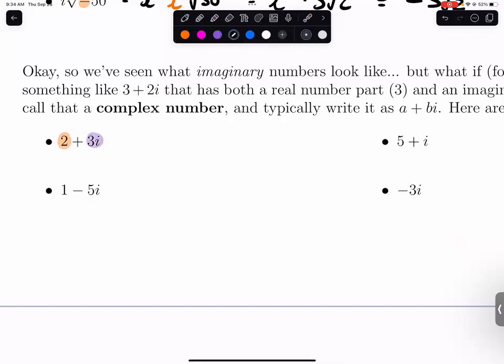That 3i is, again, 3 copies of this imaginary unit. But there's a real part and there's an imaginary part. And the standard thing is to just write it as a plus bi, so real part first, imaginary part second.